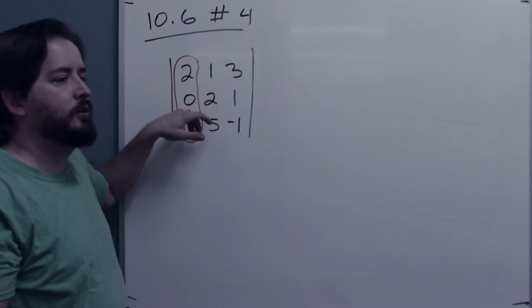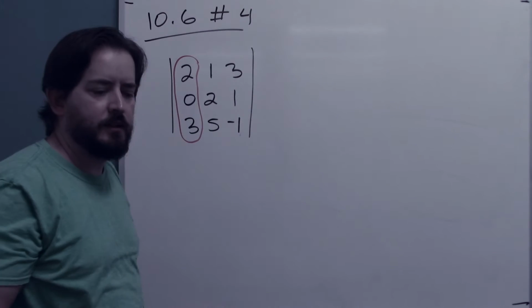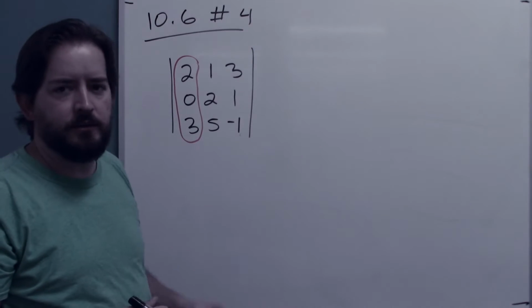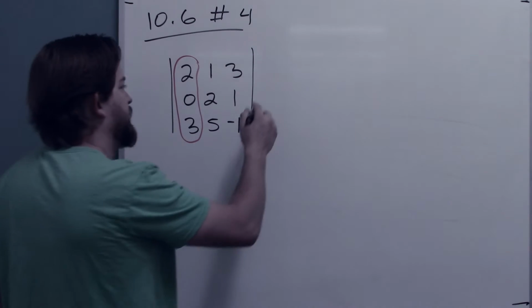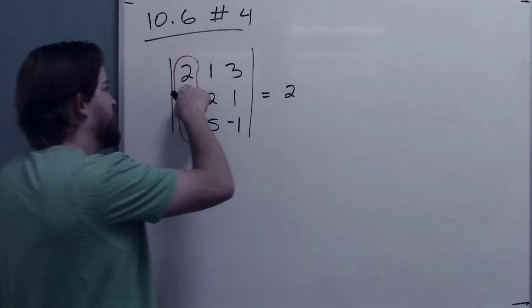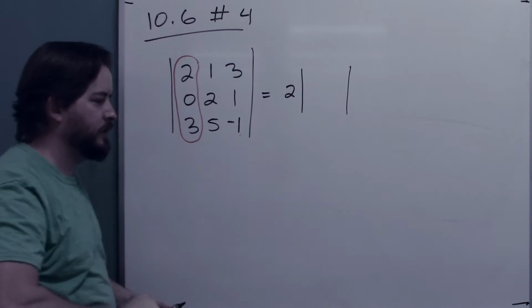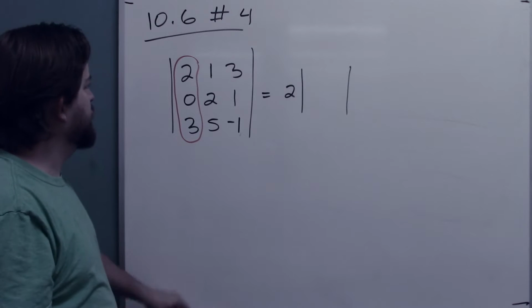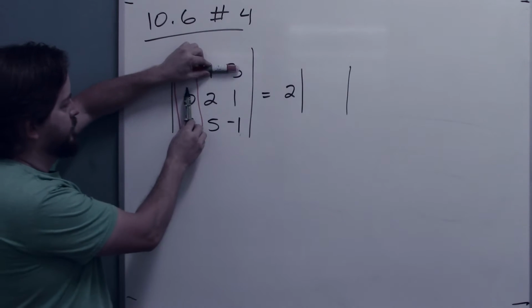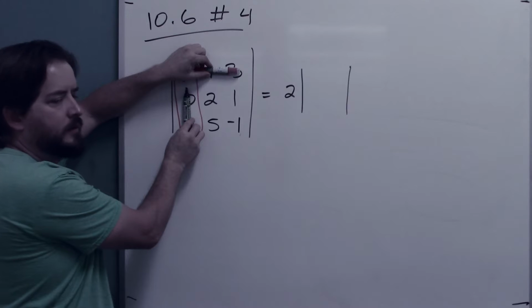Because if you have a 0, you can exploit it. It eliminates a calculation, right? So I'm going to start here with 2 multiplied by the determinant of the 2 by 2 that is created when the row and the column of that 2 are eliminated.